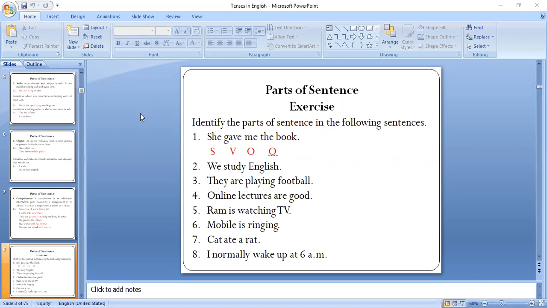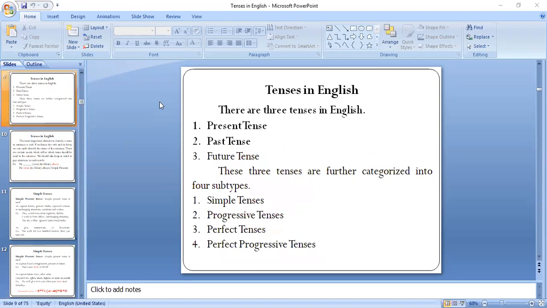The other part that is most important for speaking is to know the sentence structures, to know the tenses in English, and that's why we have started this topic, tenses in English. There are three tenses: present, past, and future tense.